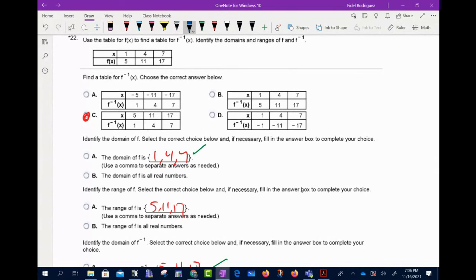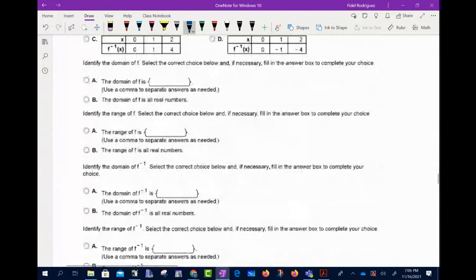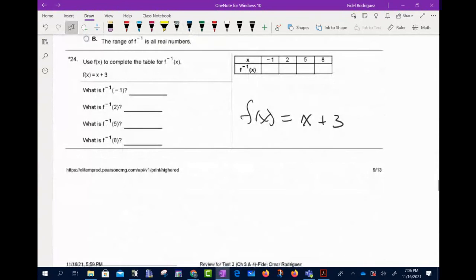So in our original function, if we knew what the y value was here, that would have been the x value previously, right? So what I'm going to do here, y'all, is find the inverse of -1.